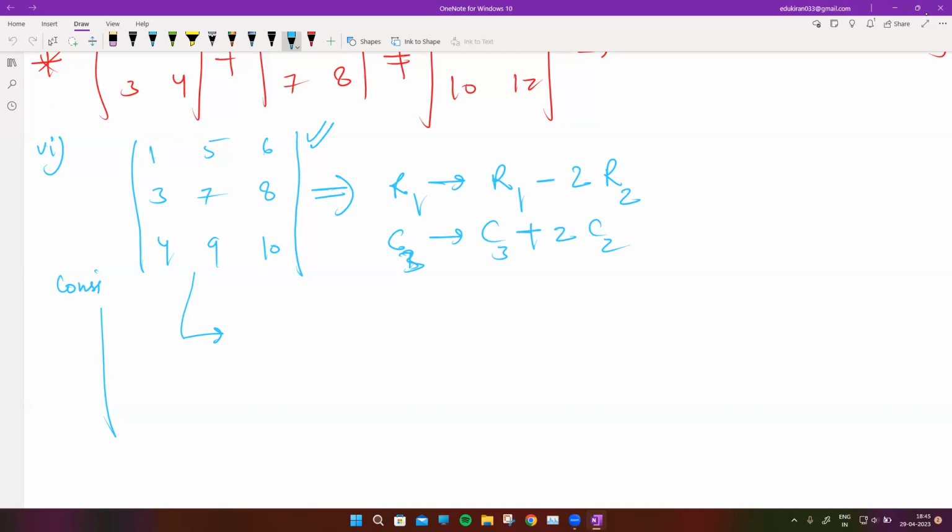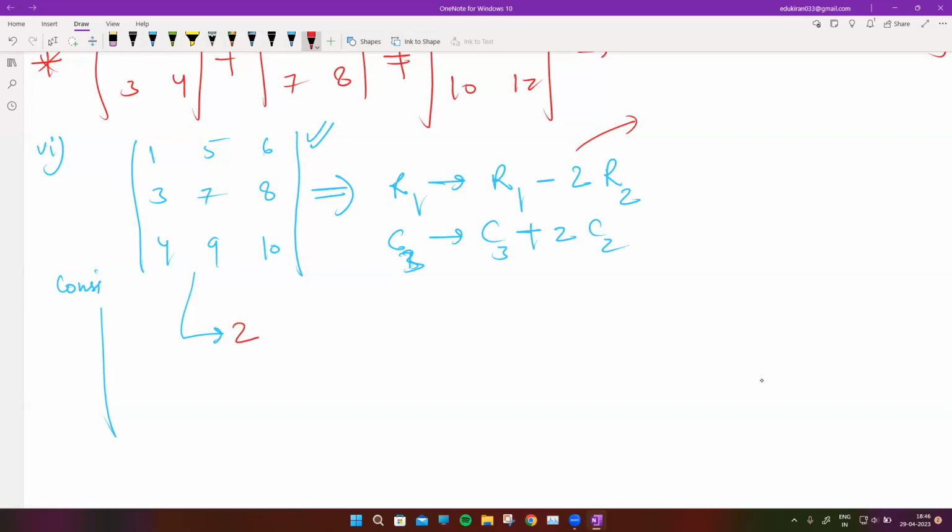What's the value? I think it's 2 if someone is solving. Yes, coming out as 2, sir.